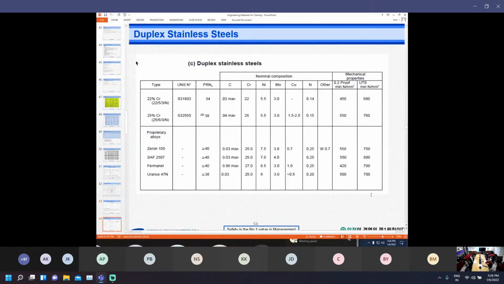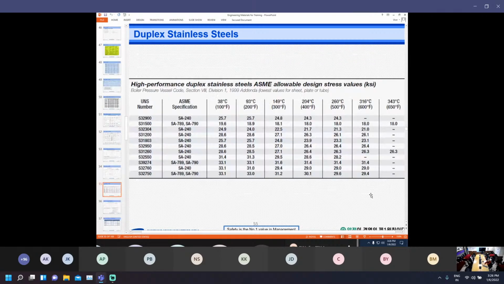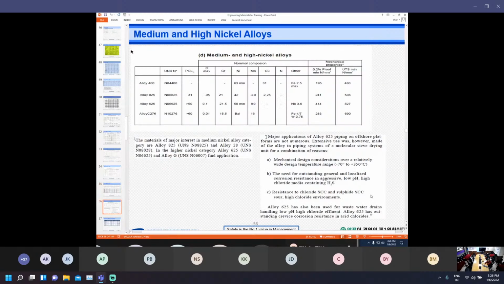Now coming to duplex stainless steel. Duplex is when it is a ferritic and austenitic structure. Its PREN number is generally more than 34, so it is given over here. In the same way, ASME duplex stainless steel properties are given over here. Now coming to the medium and high nickel alloy.